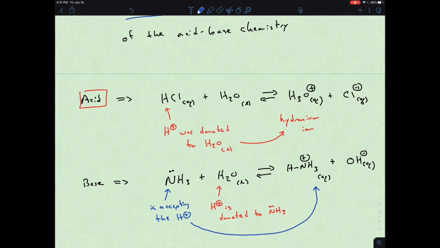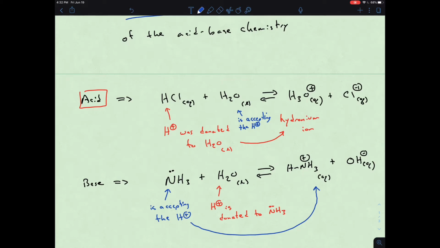So we see H2O here acting as an acid, and if we go back to the first example, we see that the H2O is accepting the proton to become H3O+.